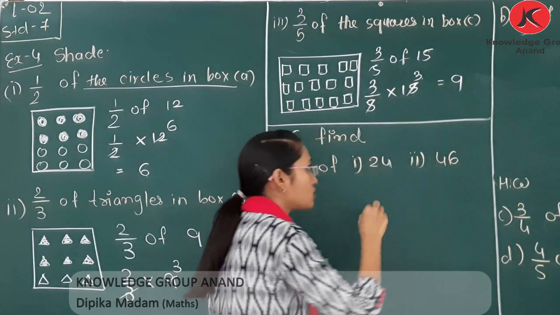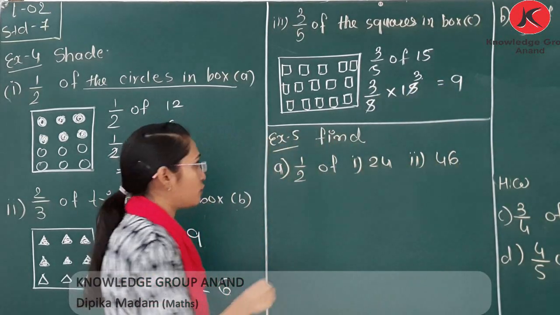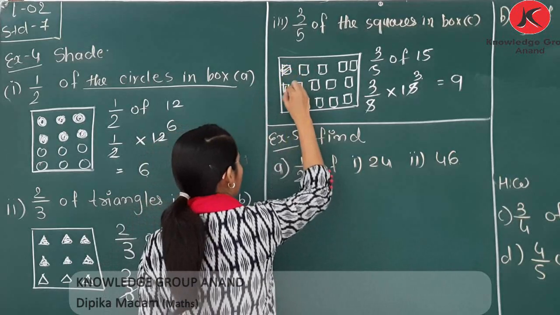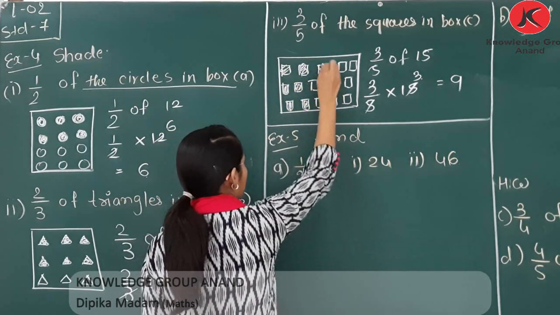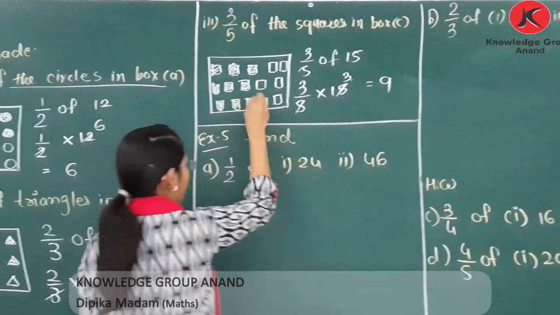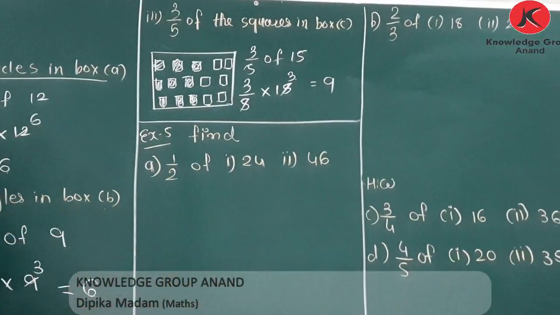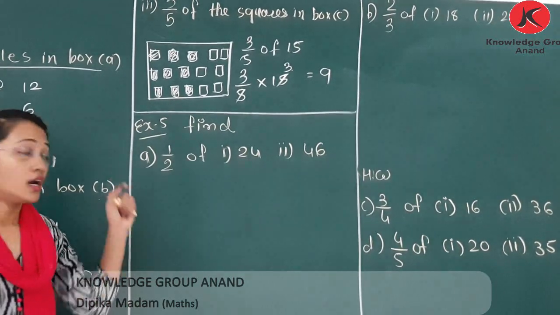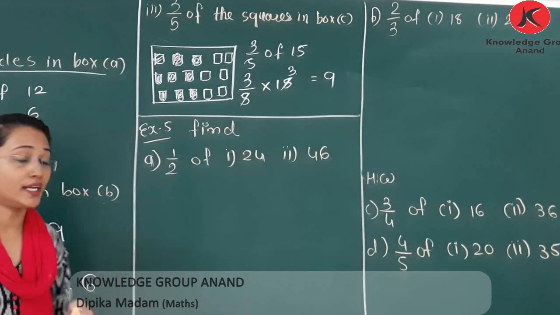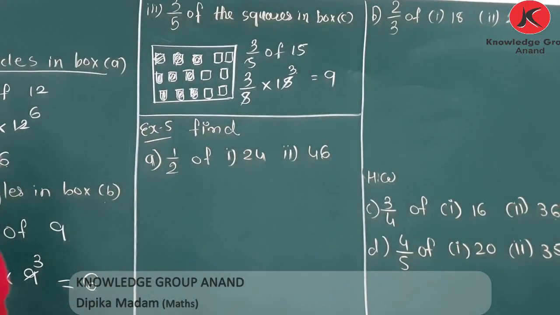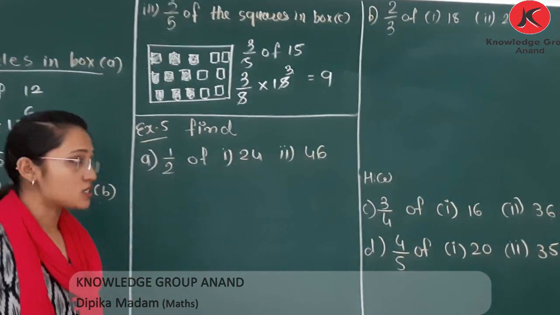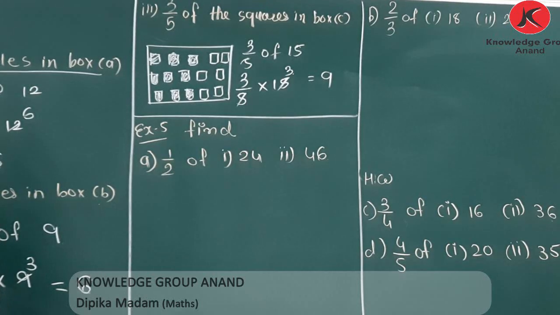Means you need to shade 9 squares of the box. 4, 5, 6, 7, 8 and 9. In the exam, the number of squares, triangles and circles in the box can change, but the method will remain the same.